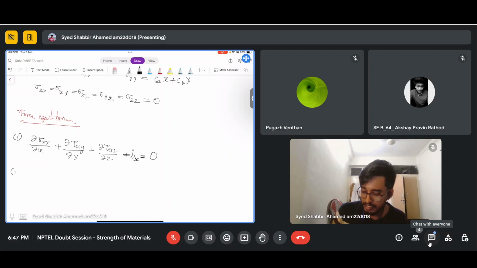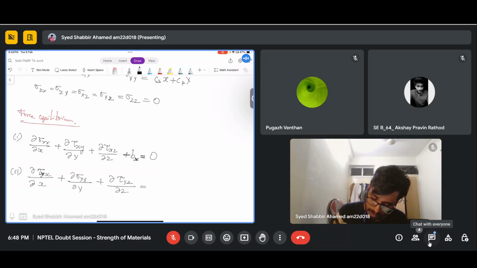Similarly, the next force equilibrium equation can be written like this: ∂τyx/∂x plus ∂σyy/∂y plus ∂τyz/∂z.